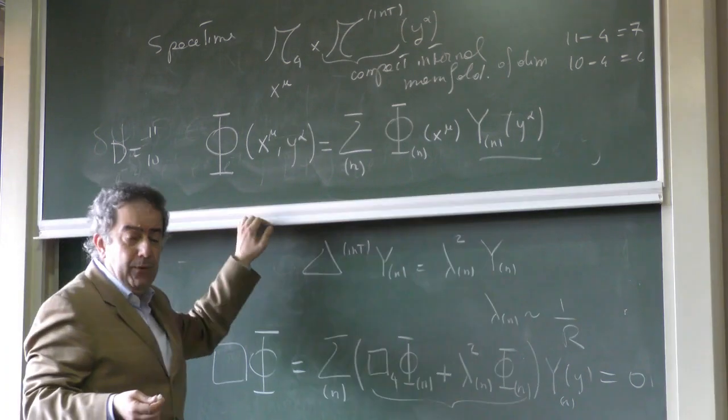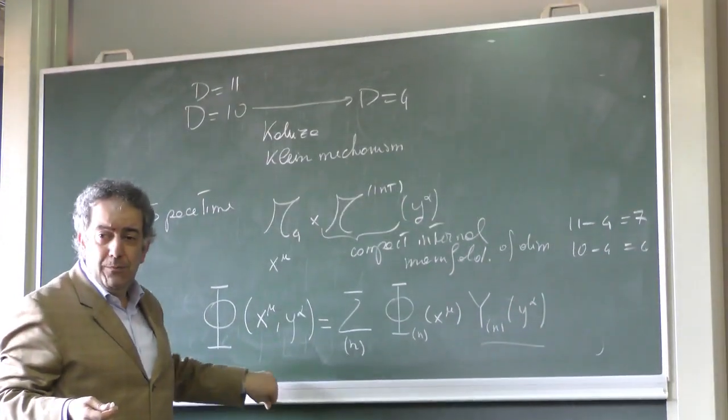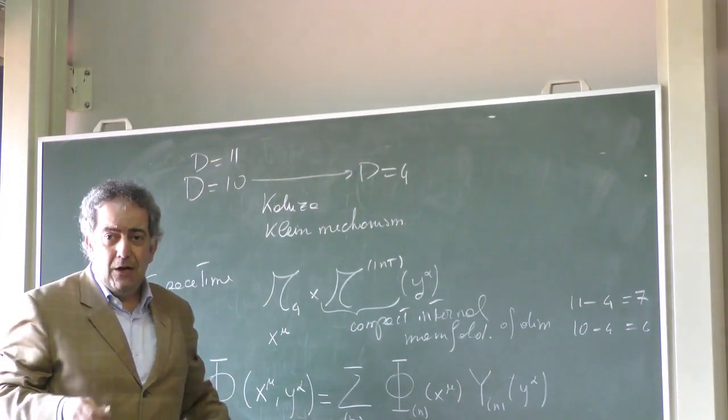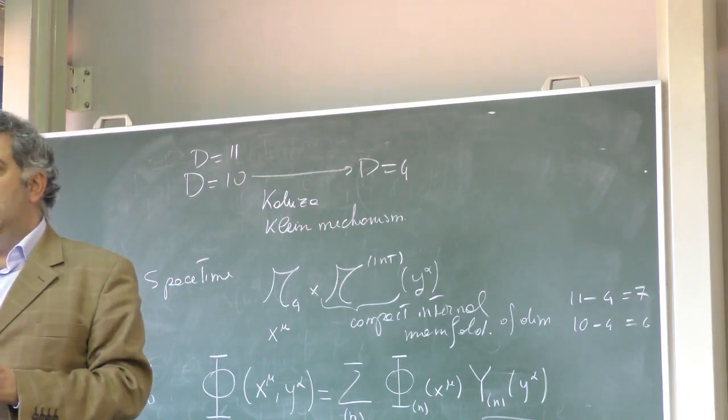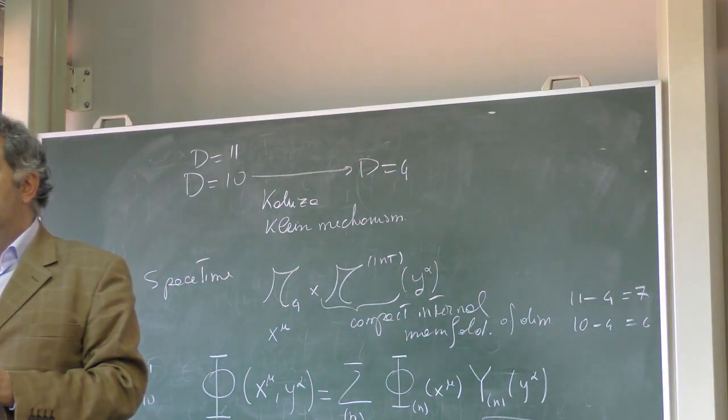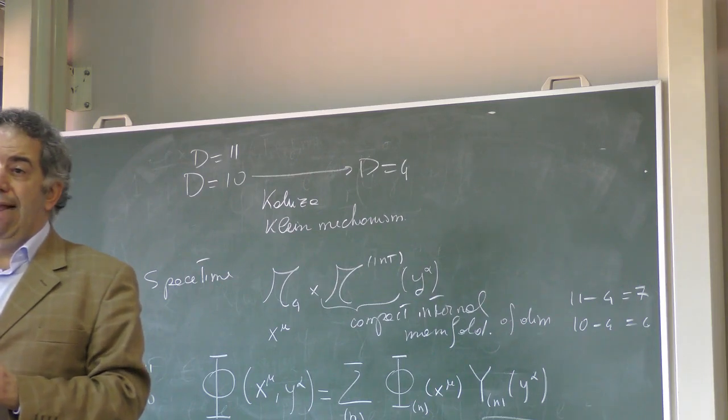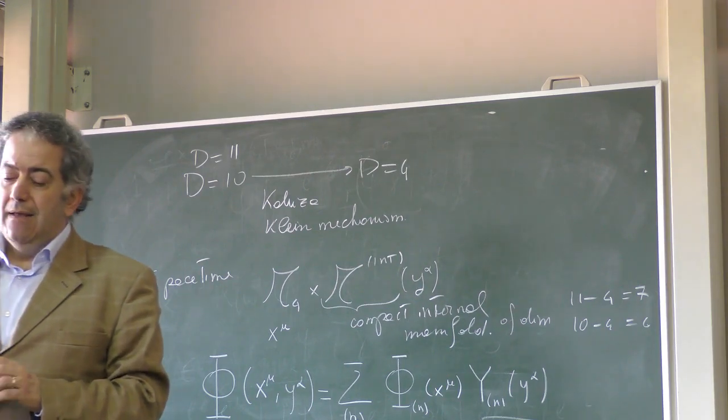For a simpler example, let's consider the toroidal compactification. When you say 1 over r, you're simplifying what the shape of the manifold is, because there could be many different scales. Yes, I'm simplifying.